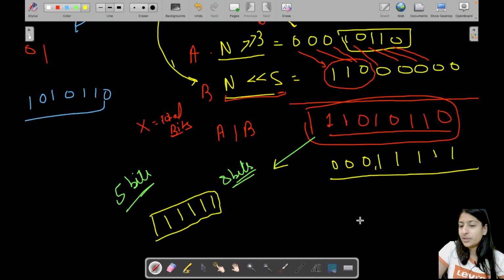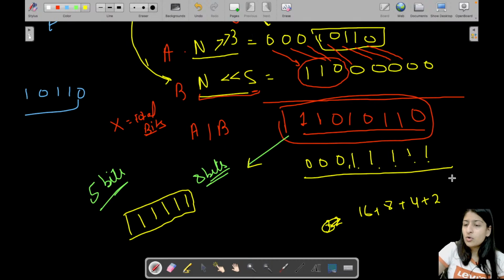If I calculate in terms of decimals, 16 plus 8 plus 4 plus 2 plus 1, so this is the number you're going to get. So how much is this? 8 plus 4 plus 2 is 14, plus 16 is 30, plus 1.